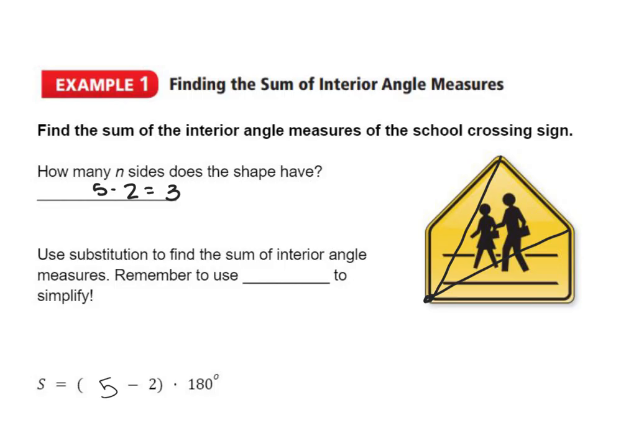So 5 minus 2 is 3 times 180. So 3 times 180 is 540.